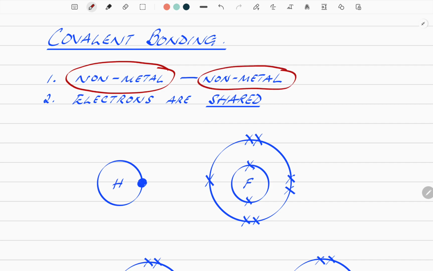Remember that non-metals always want to gain electrons, short form e-. Because they both want to gain, you can't have electrons being moved from one place to another. So what they do is end up sharing electrons.